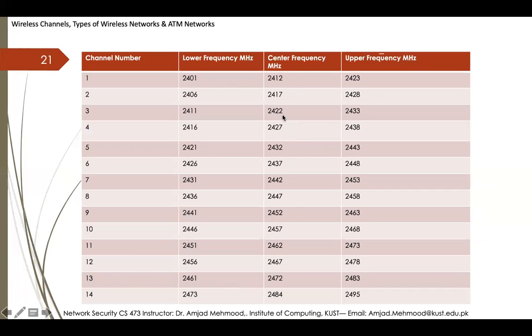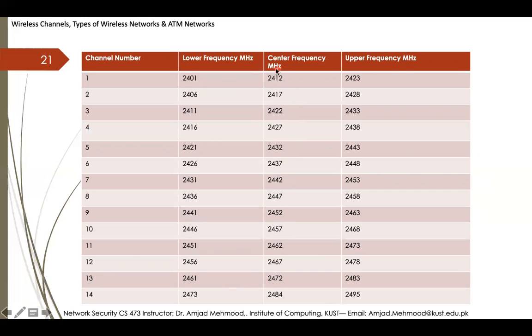So you can remember this by adding 5 to each to get the next channel center frequency value. If you add 5 to this value, you will get this one, and if you add 5, you will get this one, and so on. So this way you can remember.